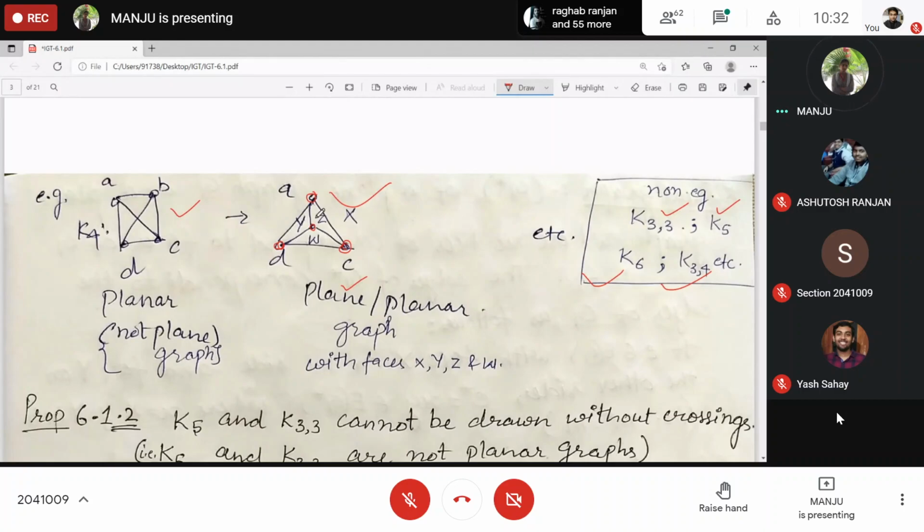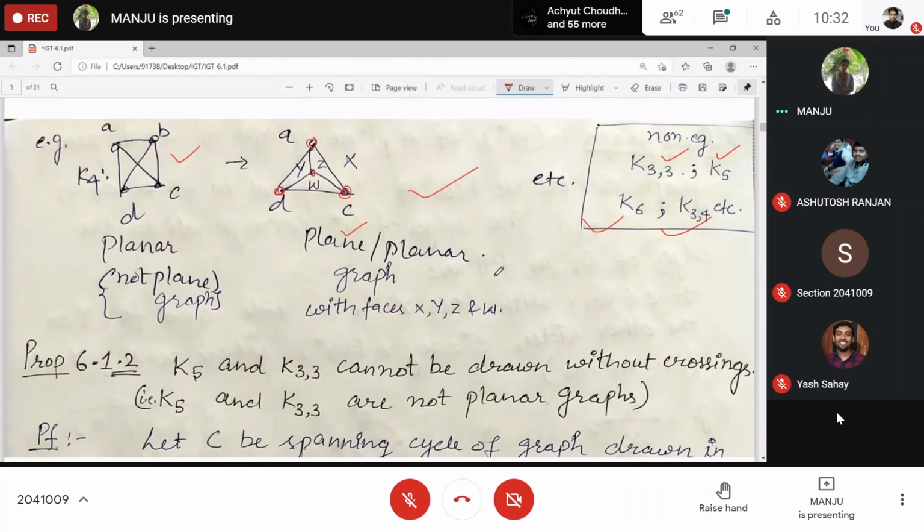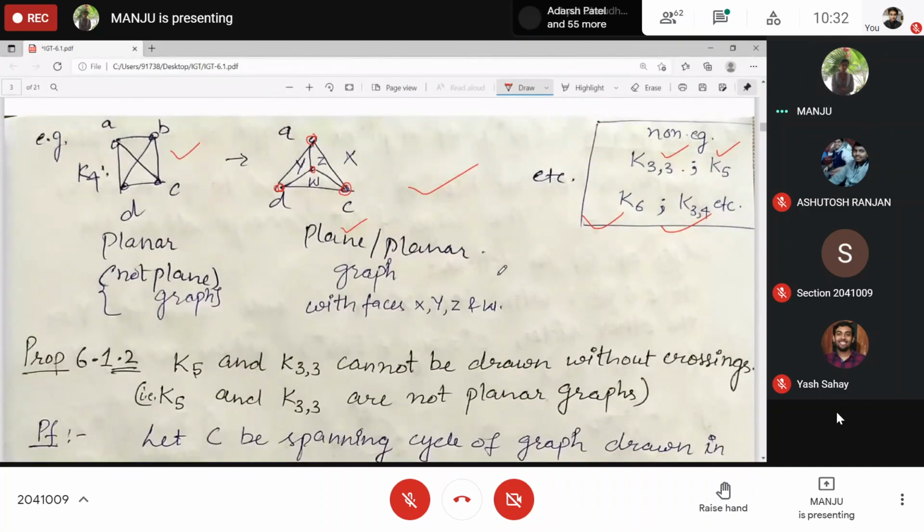So X is your unbounded region, Y, Z, W are bounded inside regions. Clear? Don't try to count the faces over here, otherwise you will miscount it. Always count the faces in the plane part of a planar graph.